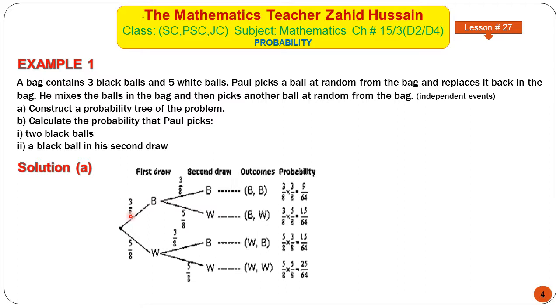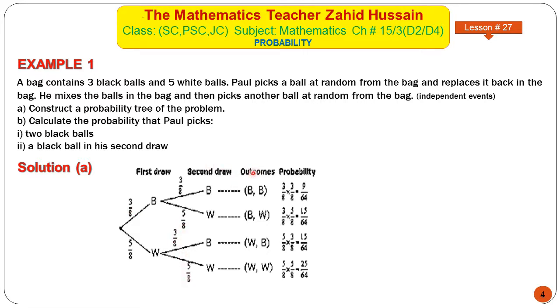So it means the total number of balls in the bag and the balls of each particular color remain the same when you pick the second ball. So if the first ball is black, the second ball may be black or it may be white. If the first ball is white, the second ball may be black or white. And the probability of the second black ball is 3 by 8, which is the same as this. 5 by 8, 3 by 8 and 5 by 8.